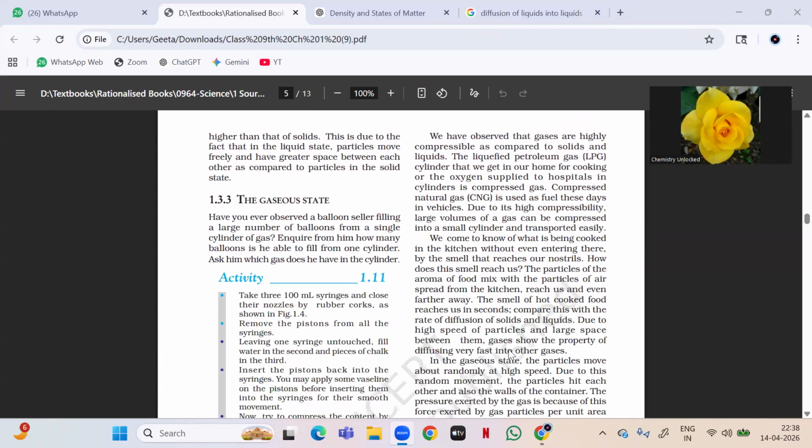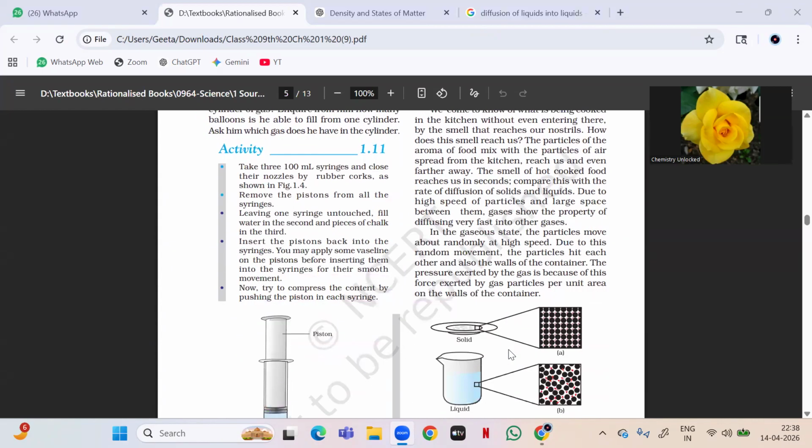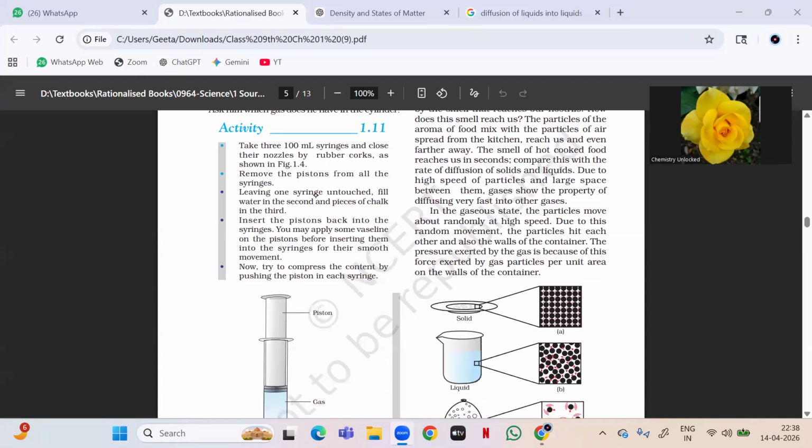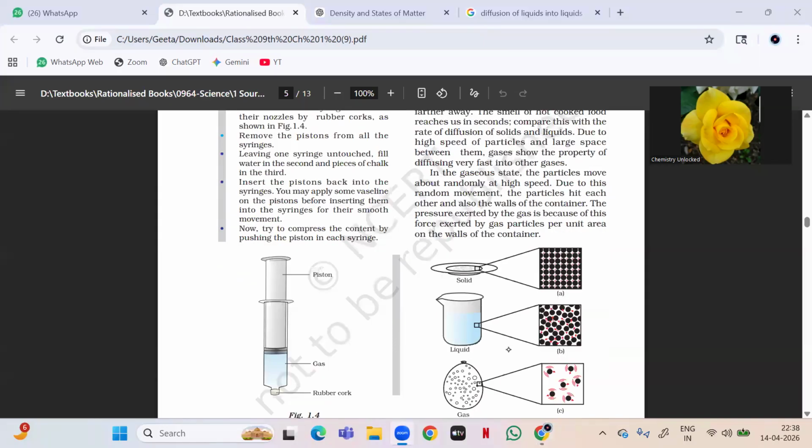Then we come to the gaseous state, activity 1.11. What does it say? Let's take three syringes and close their nozzles with a rubber cork. So this is the syringe, and here is the rubber cork. Then in the three syringes we take solids, liquids, and gases. One syringe is filled with air, another with water, and the third with chalk particles.